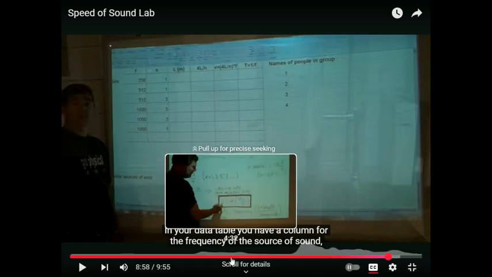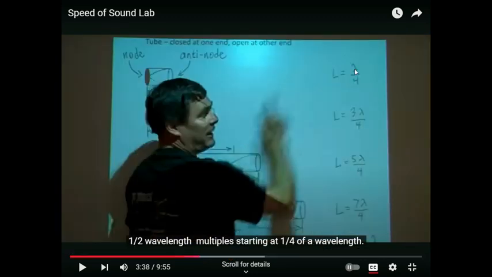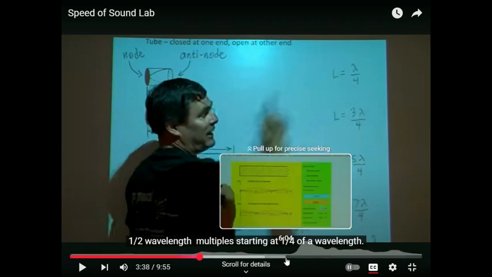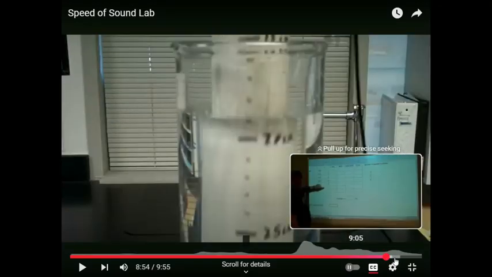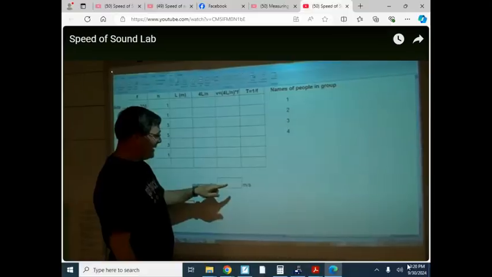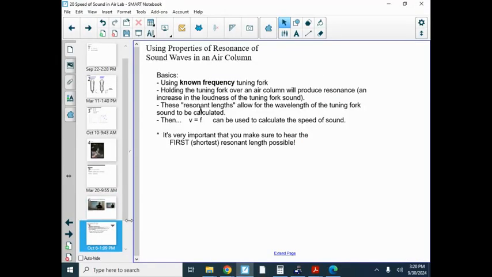You don't have to show every calculation. Just show a sample calculation like the ones I'm saying to do here, where if this equals 38 centimeters, well, it's going to be times 4. So the wavelength would be whatever 38 times 4 is. Okay. So that is the measuring the speed of sound portion that is listed here.